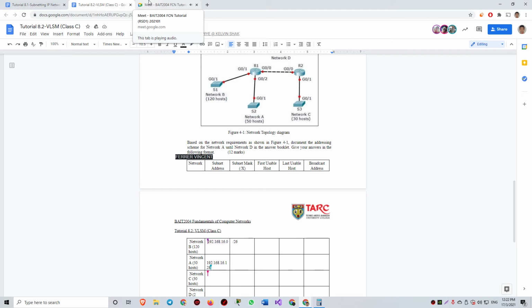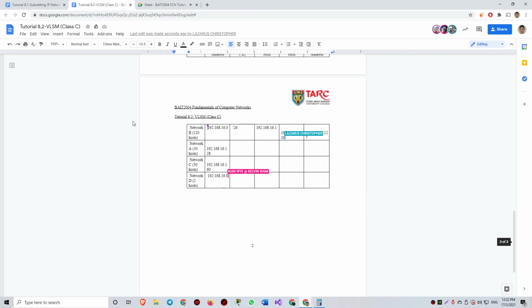When you get 128, the one before it will be 192.168.16.127. 127 means here is the broadcast of the previous subnet. Then 192.168.16.1 is the first host, and the last host, one below the broadcast address, is 126.